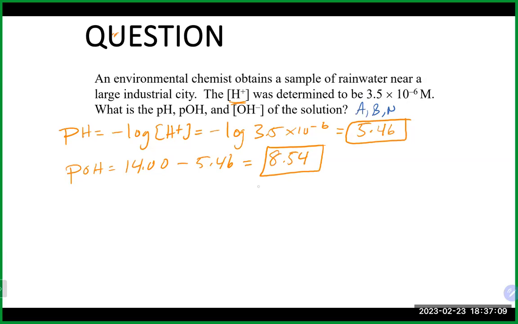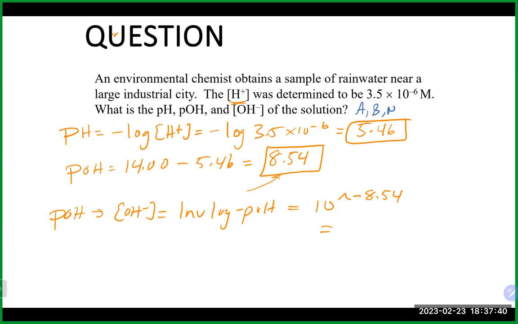And at this point, I'm going to take the POH value and use it to get the OH minus concentration by the inverse log of the minus POH. Again, usually we'll put a 10 and a caret. Make sure you do negative, not the subtract button. Minus 8.54.